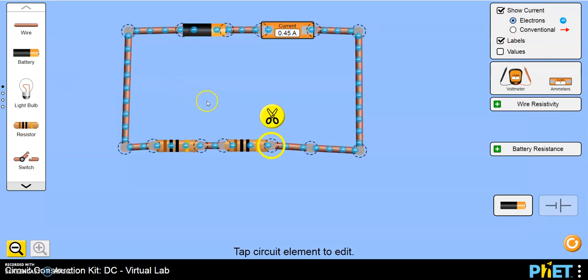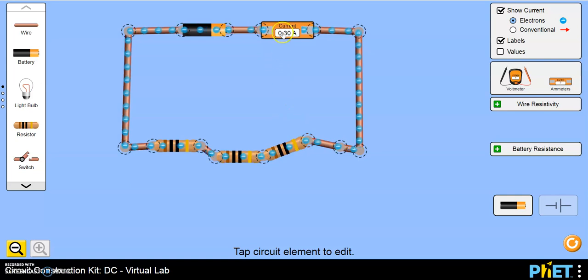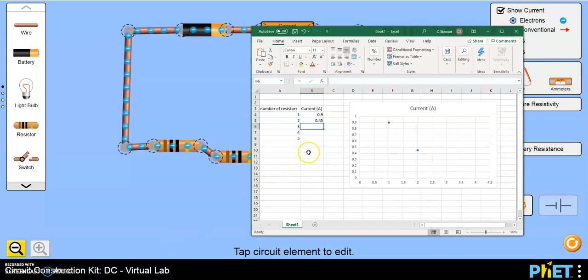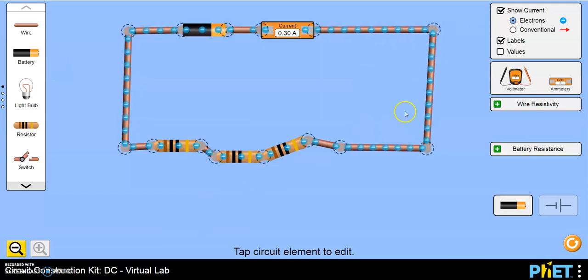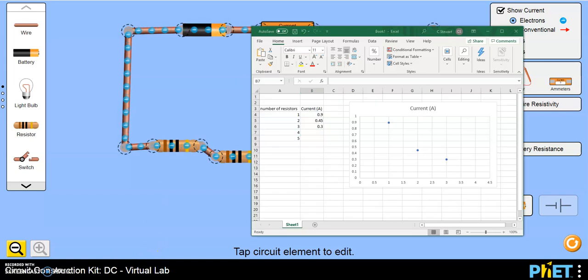And another resistor, of 0.3 amps. And we're already getting a little squashed for space, so I'll move my wires along and cut a wire and add a 4th resistor, all in series, to get a current of 0.22 amps.